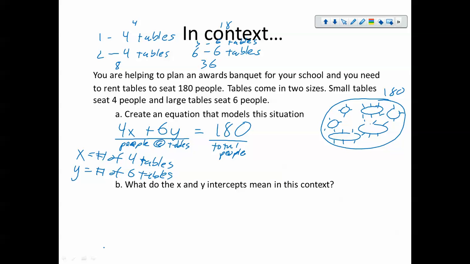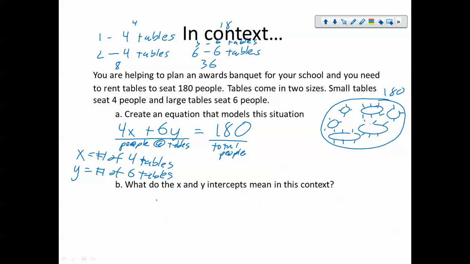So what does that do for us? Let's take a look and just check it. If I take 4 times the number of 4-seater tables I have, and add that to 6 times the number of 6-seater tables that I have, that'll give me the total amount of people that I can seat at tables. And I want that to equal 180.